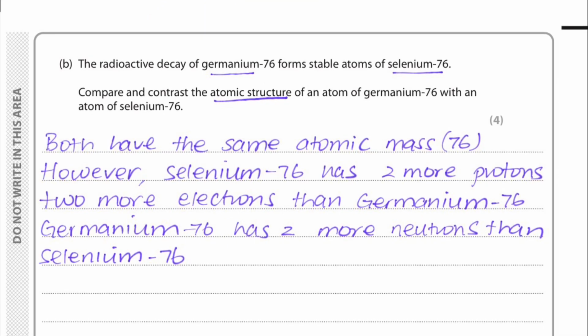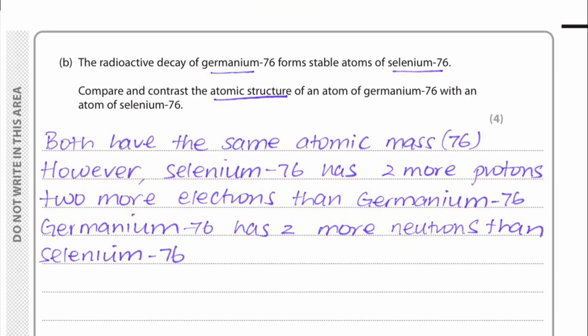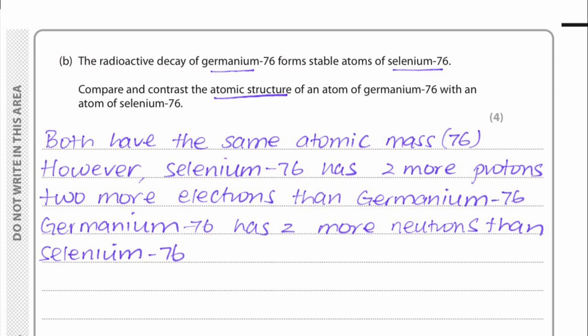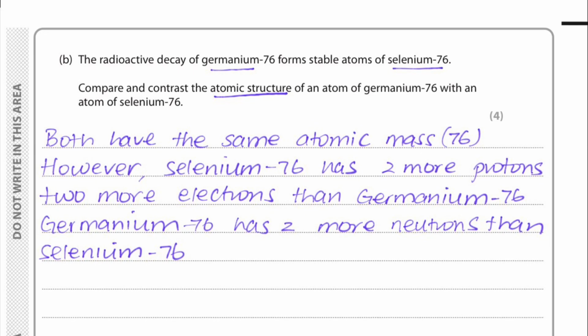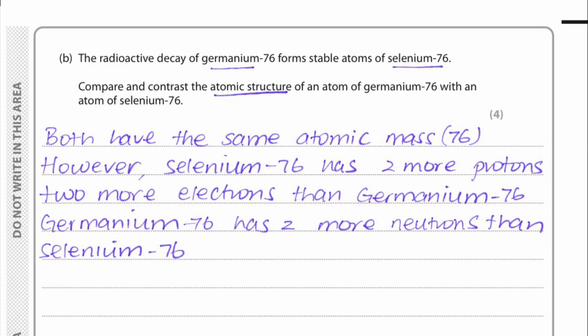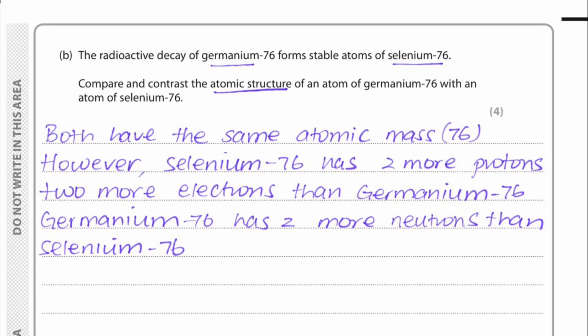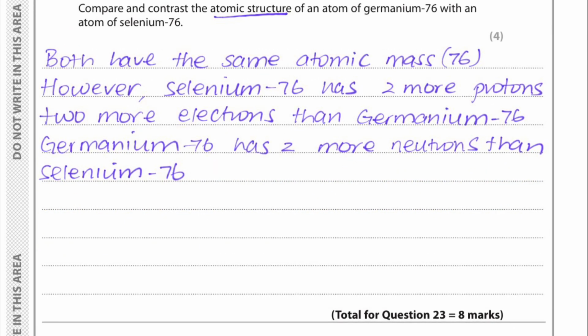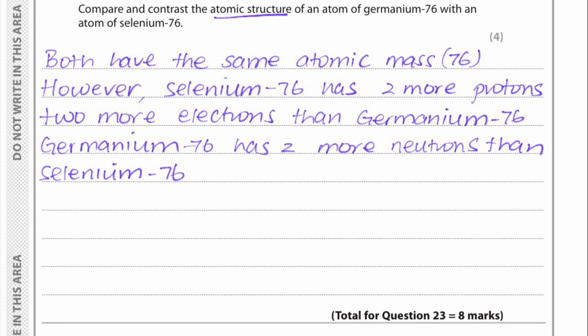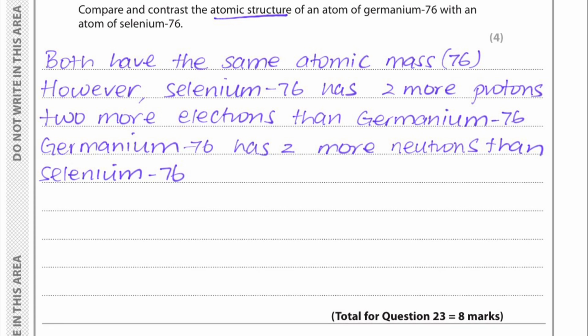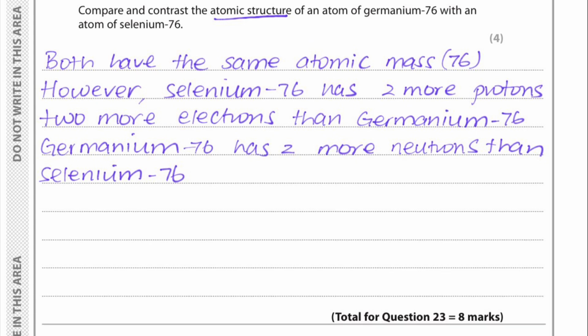Next, the radioactive decay of germanium-76 forms stable atoms of selenium-76. Compare and contrast the atomic structure of an atom of germanium-76 with an atom of selenium-76. Both atoms have a mass number of 76, but look at their proton numbers. Germanium has 32 protons, selenium has 34 protons. So selenium-76 has 2 more protons than germanium-76.